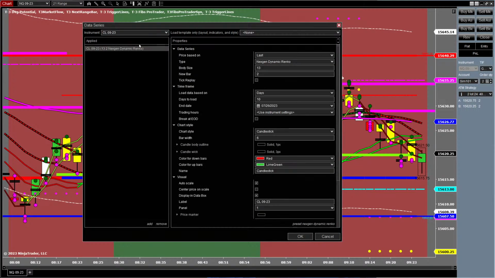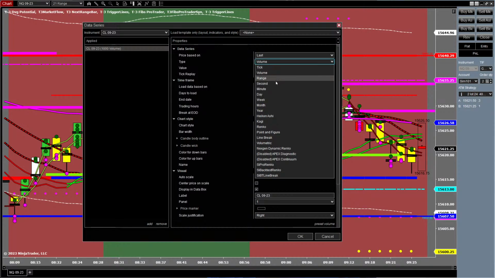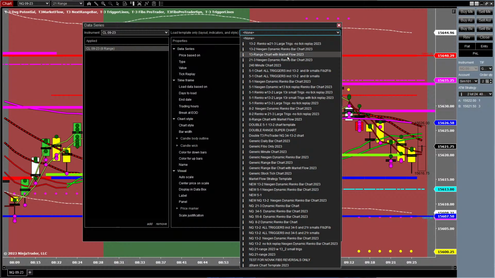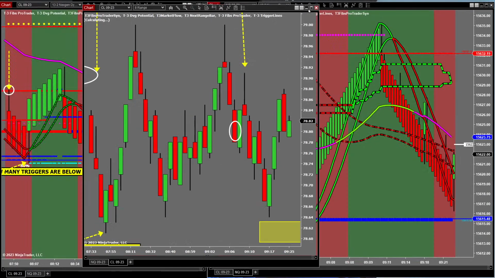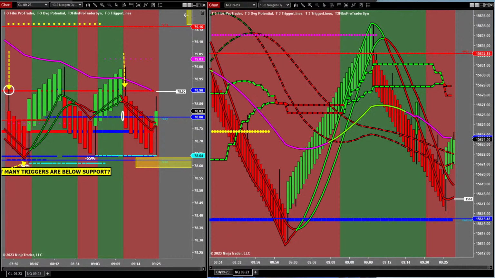So I'm going to build our crude oil chart, and I'm going to go ahead and build our range chart. So we got an 8 range crude oil market flow with 8 range template, and it'll actually put that on the chart. I'll get it out of the way so we can watch here.